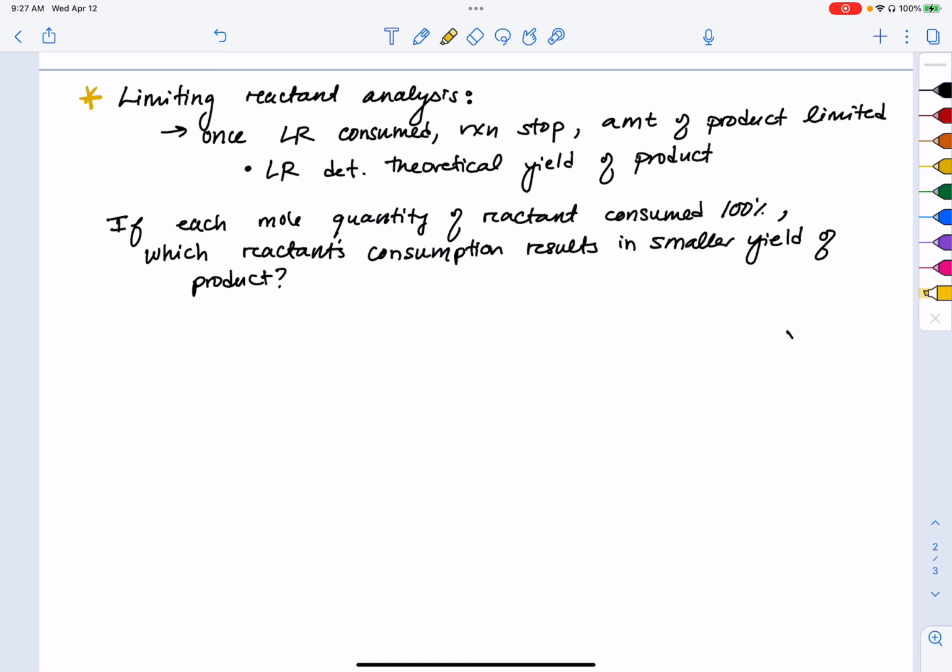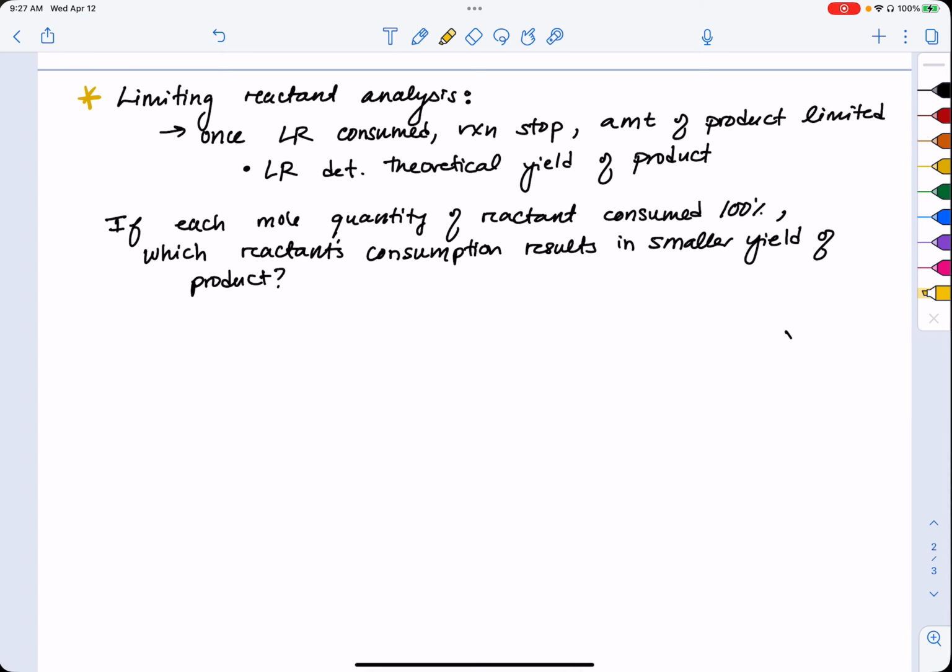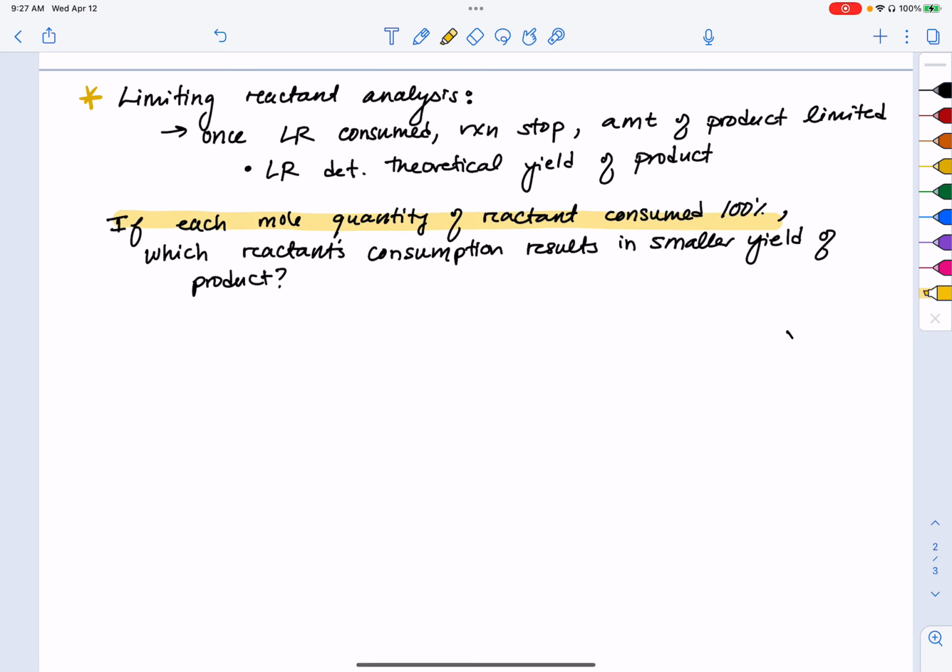In other words, which reactant, when used up, limited my product? So we have to do a comparison.